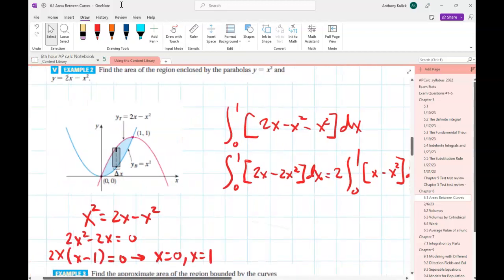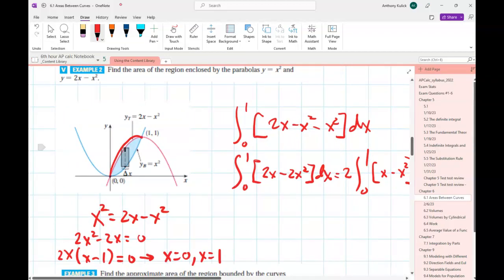Right. So the top of our function here is f of x, and the bottom is g of x. Oh, okay. Thank you. Yep. What was your answer? 1/3.